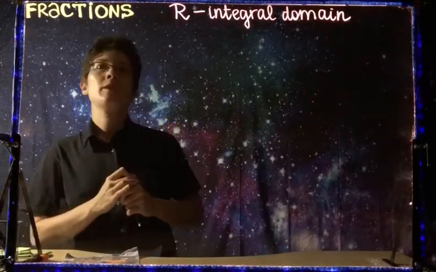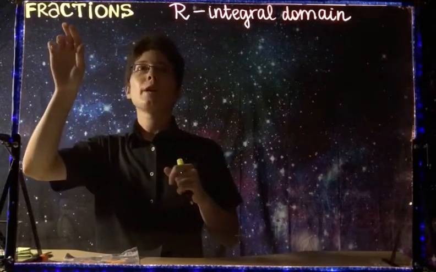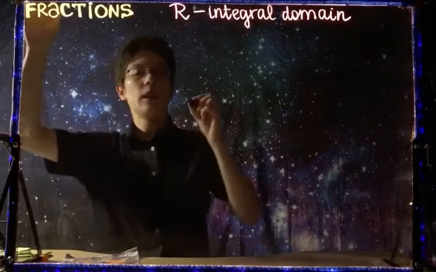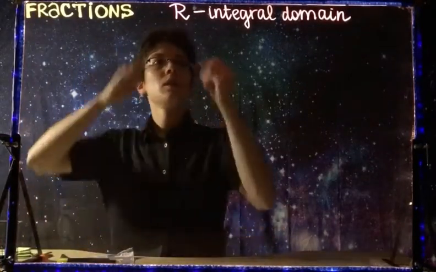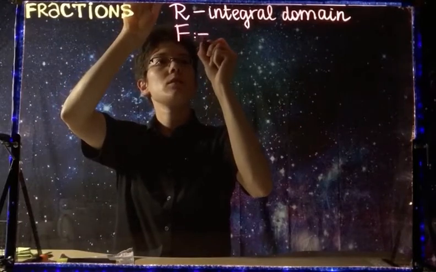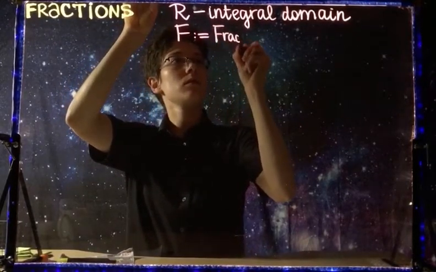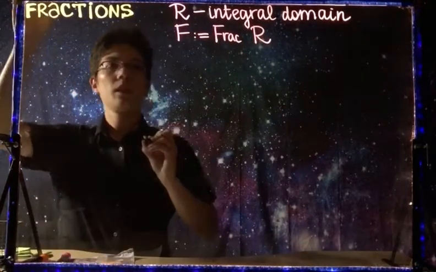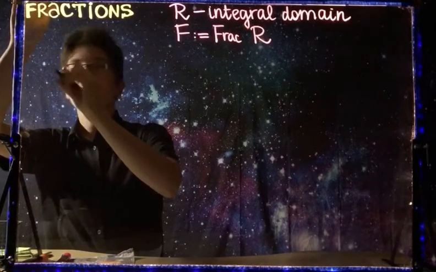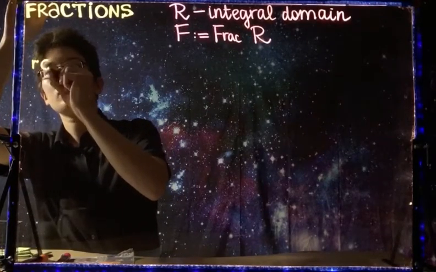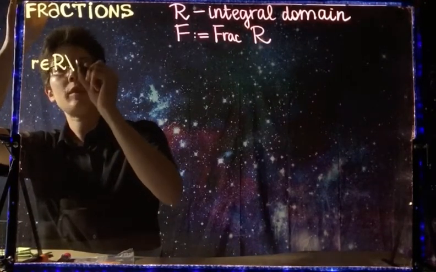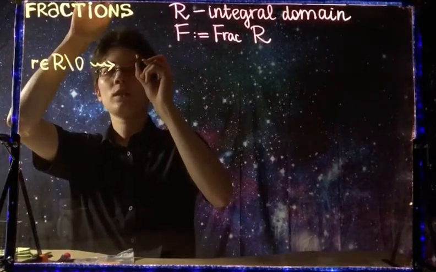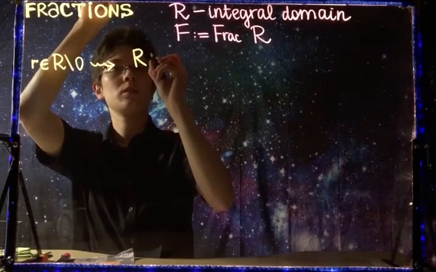Let me show you how I like to think about fields of fractions. So let R be our integral domain, and let F be its field of fractions, frac R. And if R is a non-zero element of R, then I can adjoin a formal inverse.